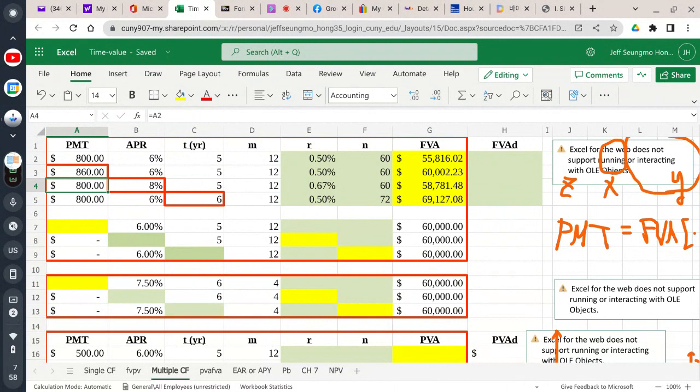But you might wonder, what if we want to really hit 60K? Is there a way we can exactly nail the correct payment? Yes, there's a way we can do that. Before that, what I just did so far is called the trial and error method. What is trial and error?